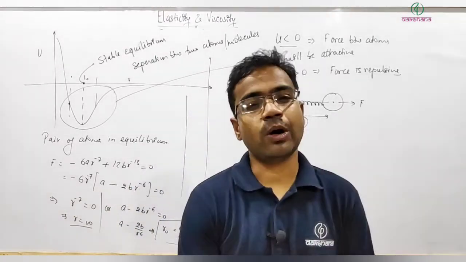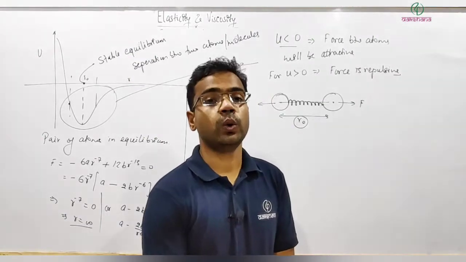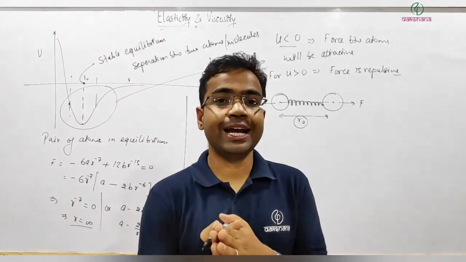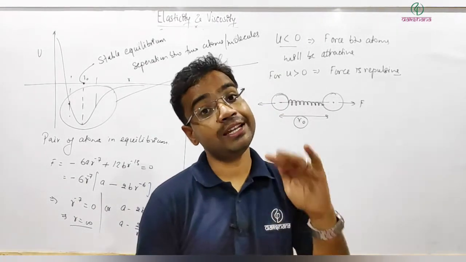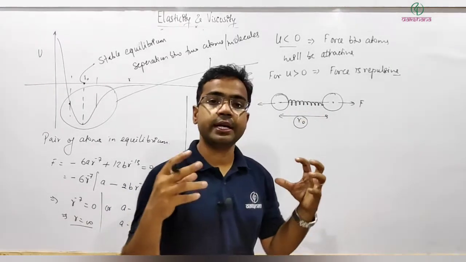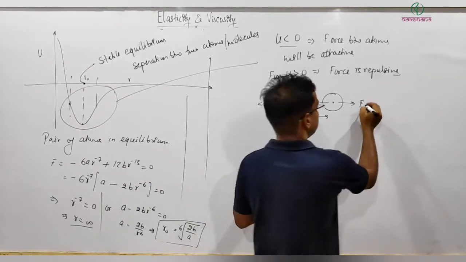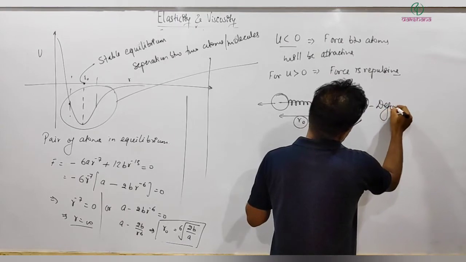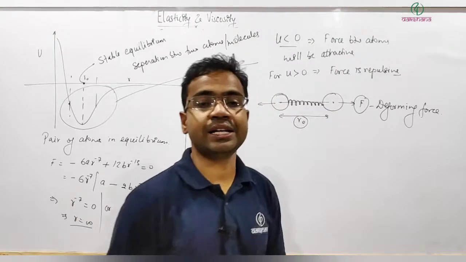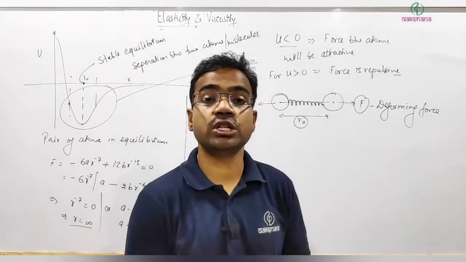But does it happen with all atoms? Does exactly the same thing happen with all types of material? No. There are different types of material. So based on that, we first define some property, and then we categorize the material. When we apply some force, we call this force the deforming force. The deforming force basically tries to change the shape, or deform the atoms or the solid.